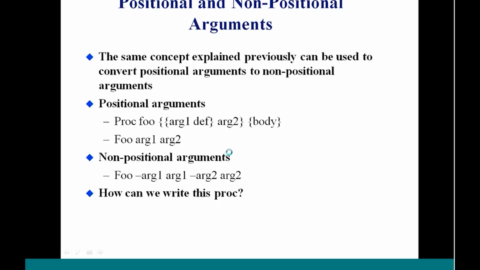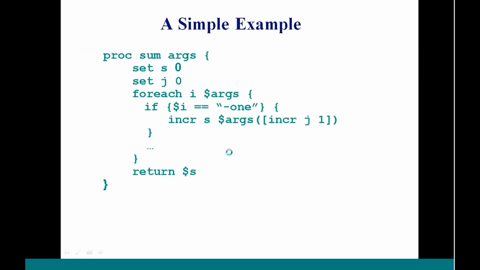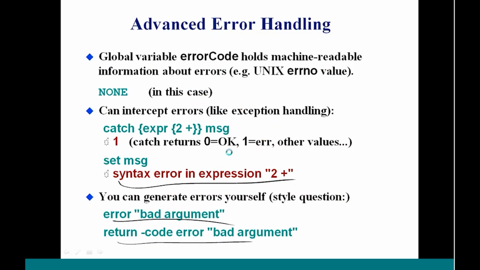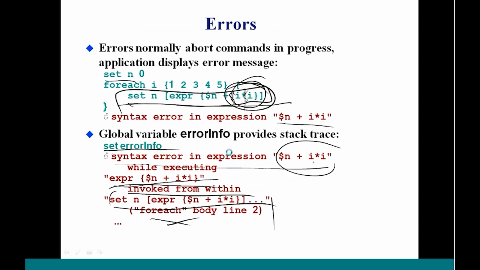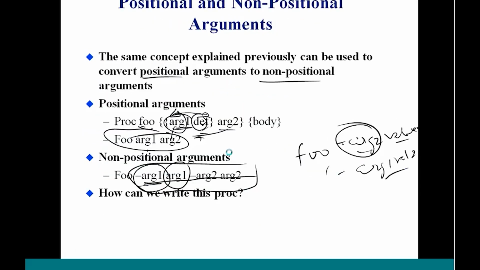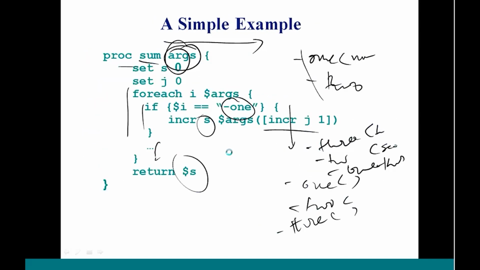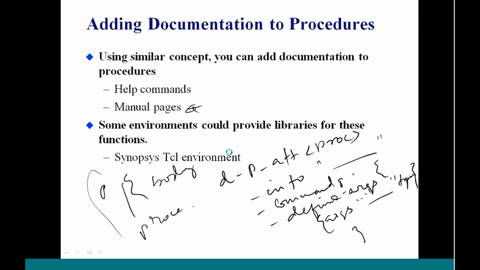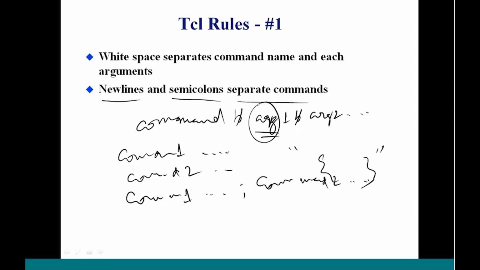This is something that we saw, and in this simple example we can go into more details. We also had some simple examples to denote those things, and we saw how we can document these procedures.